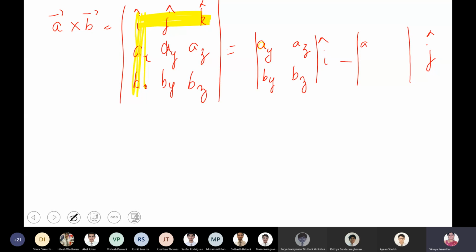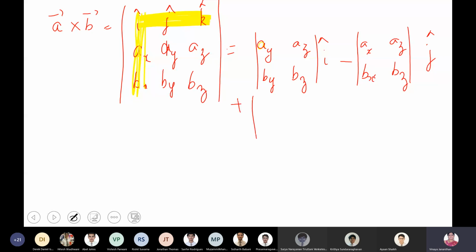What is left is AX, AZ, BX, BZ. Is that clear? Whatever is the column below J cap should not be included, so what is left under I cap as well as under K cap, those elements I'm writing. Just check, boys, check. Are you able to understand?